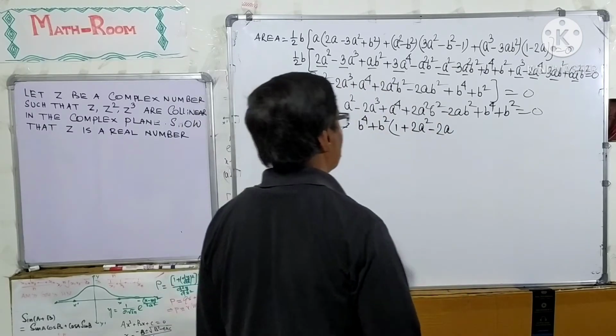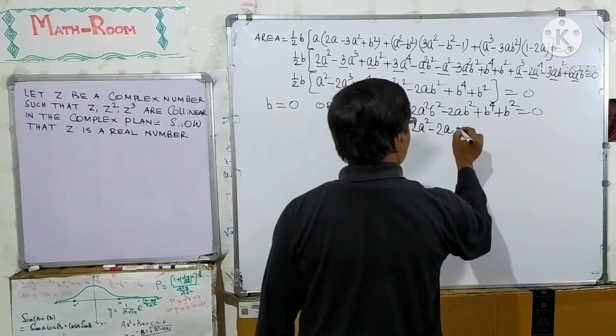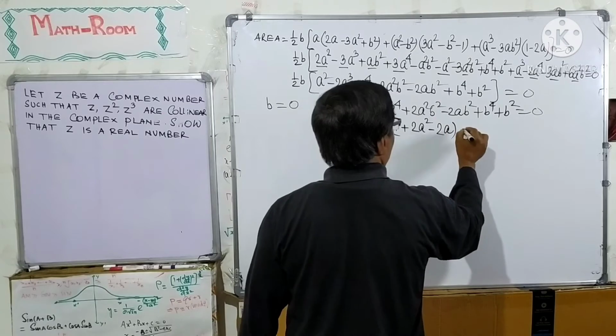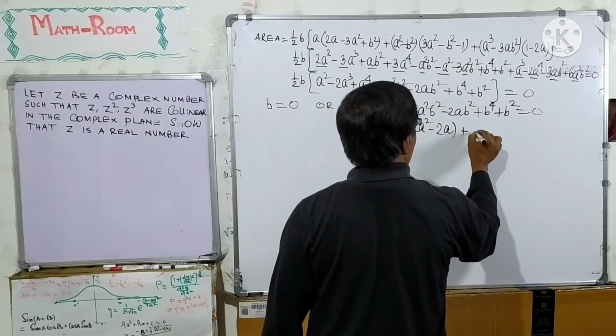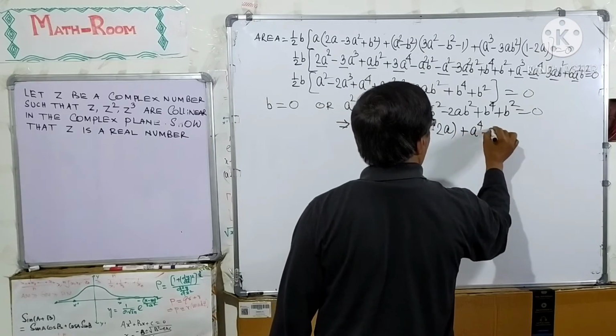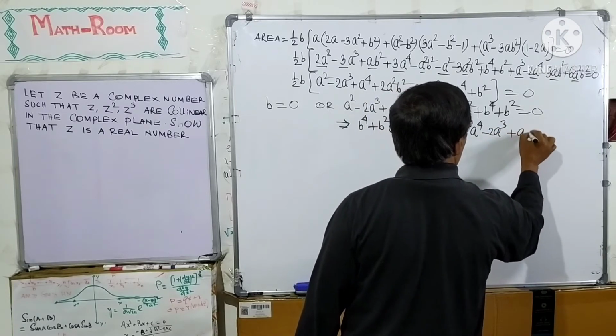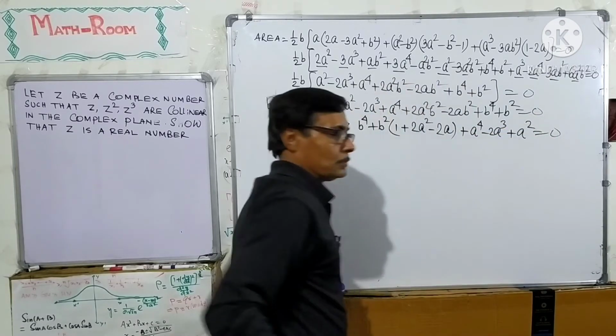1 plus 2a square minus 2a and a to the 4 minus 2a cube plus a square equal to 0.